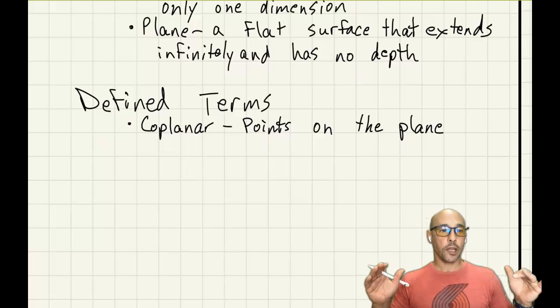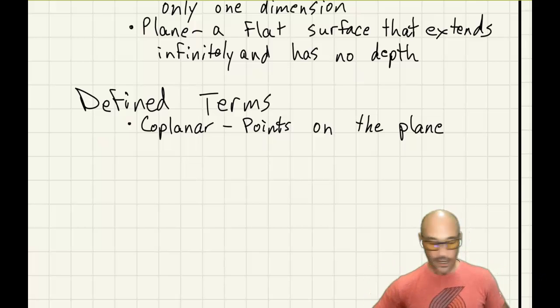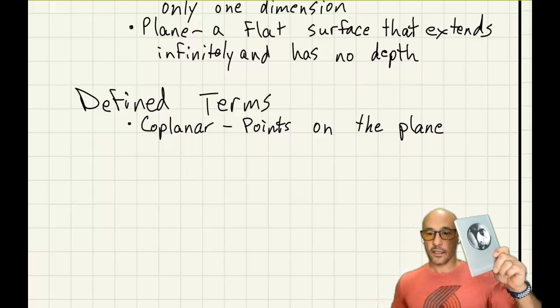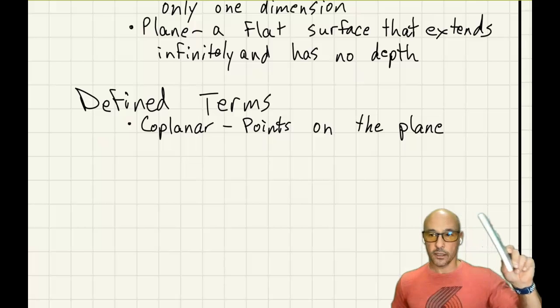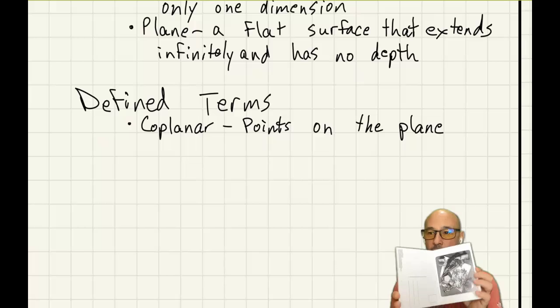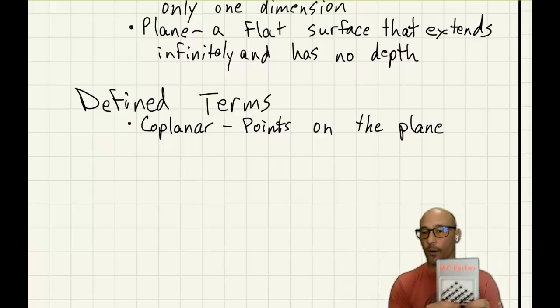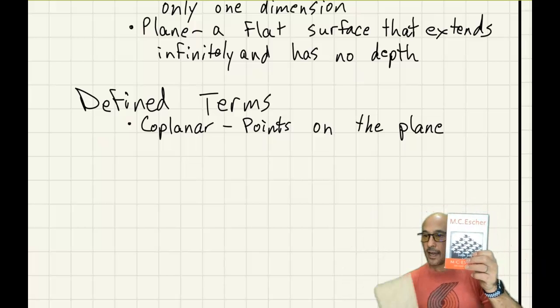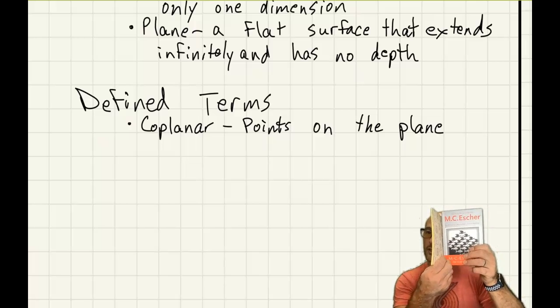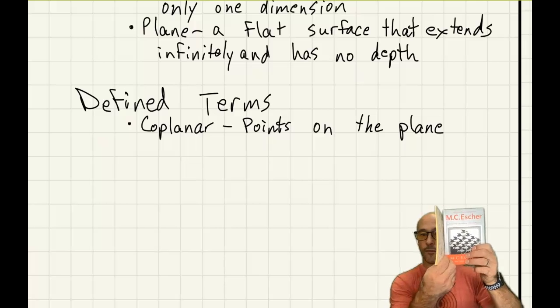So coplanar means that they're on the same plane. Now, let's just imagine that this book is a plane. It's a book of M.C. Escher. On my desk, I have pictures of M.C. Escher. Anyway, if this is a plane and here is another plane, these two planes intersect, and imagine that they extend forever.